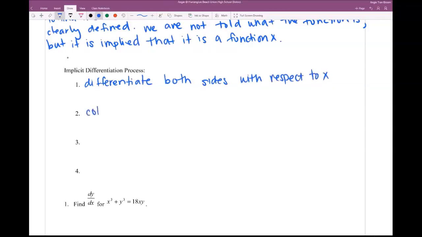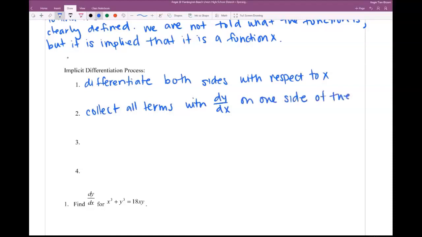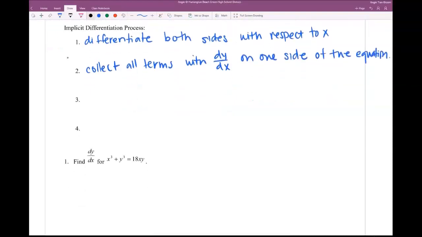Then step number 2, collect all terms with dy dx on one side of the equation. This step is not always done, okay? Not always.